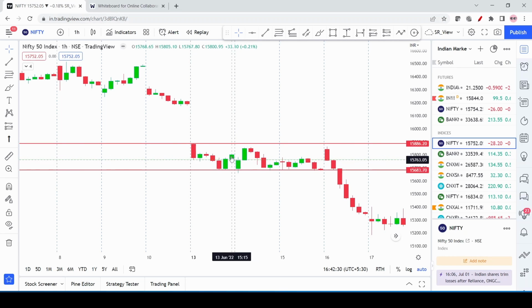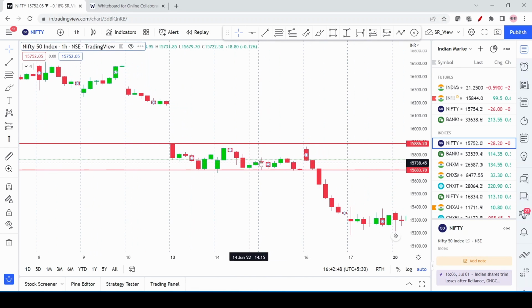It opened down and didn't close below the previous day low, and it started rallying, but near the previous day's high it started reversing, and then again it took support from the previous day's low, and it closed neutral.